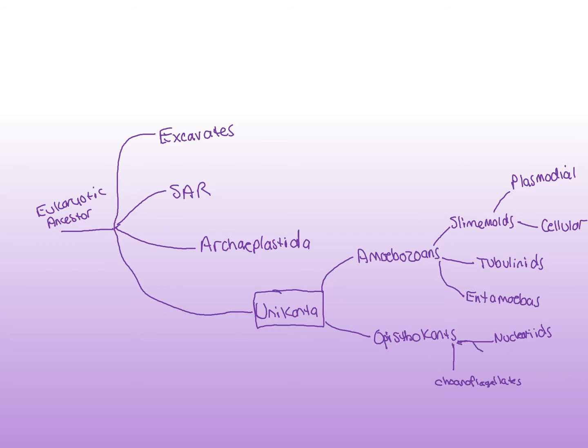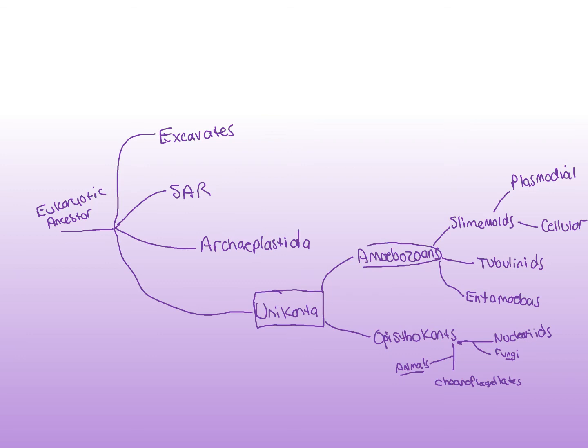Now, these are sister groups to both the fungi and the animals. So nuclearids are most closely related to fungi. Okay, again, a different chapter. And choanoflagellates are basically the direct ancestors of animals. That's going to be a couple chapters at the end of the semester.